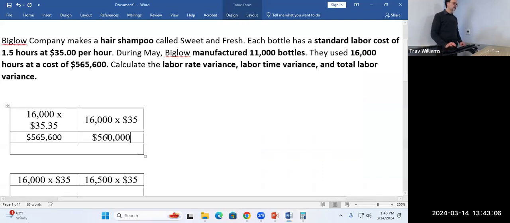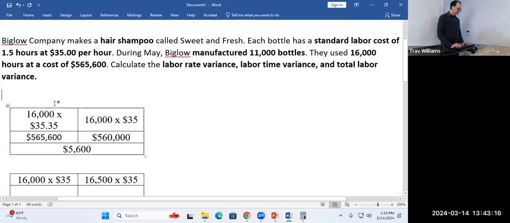What do we do next? Subtract, so we get a difference of 5,600, which is positive. So that means our rate variance is 5,600 unfavorable, right?